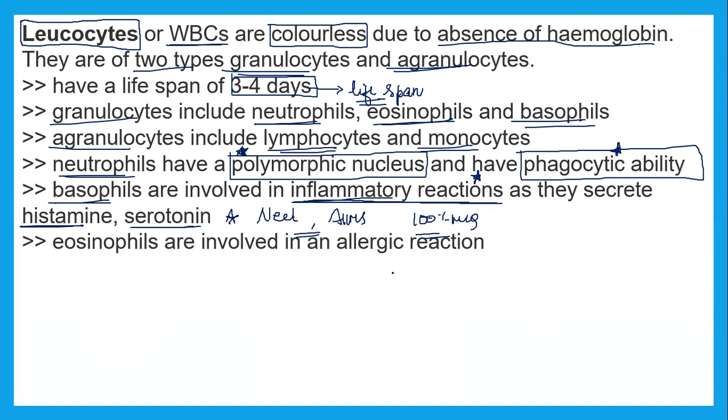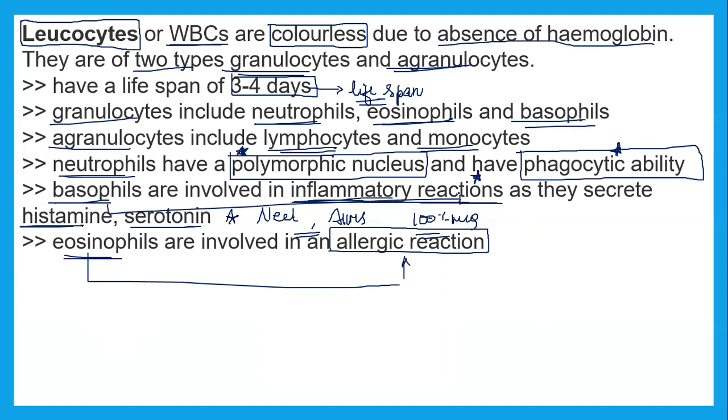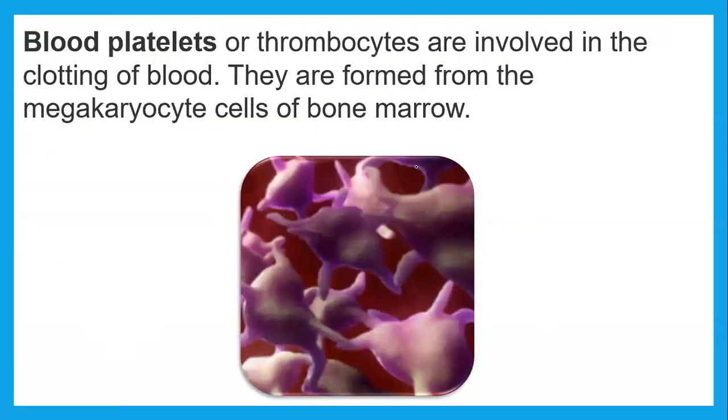The last type of granulocyte is the eosinophils and they are involved in the allergic reaction. Eosinophils are involved in the allergic reaction, basophils in the inflammatory reaction, and neutrophils in the phagocytic activity.